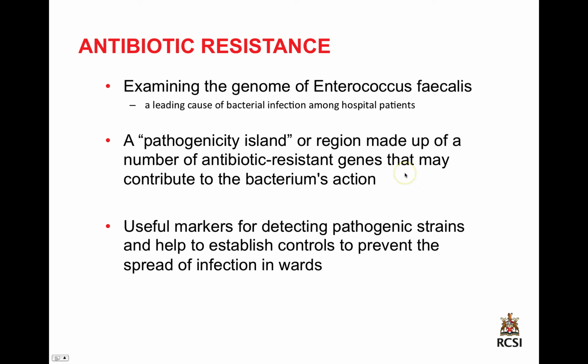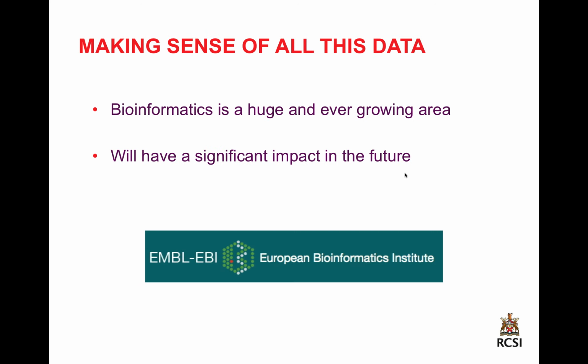So what researchers are trying to find is, why are antibiotic resistant bacteria resistant? So we could mark these up and try to establish controls that spread the infection in wards. So if we can understand what's going on in the bacteria, we may be able to stop the spread of the infection.